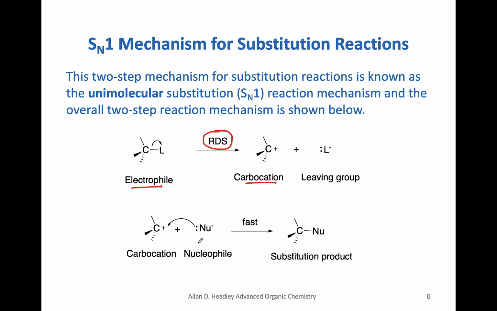In the fast step, the nucleophile reacts with the carbocation to form the substitution product. You'll see another term for this mechanism is unimolecular substitution, SN1. Why? Because there's only one molecule in the most important step of this reaction, the rate determining step, and that's why it's called unimolecular substitution, or SN1.